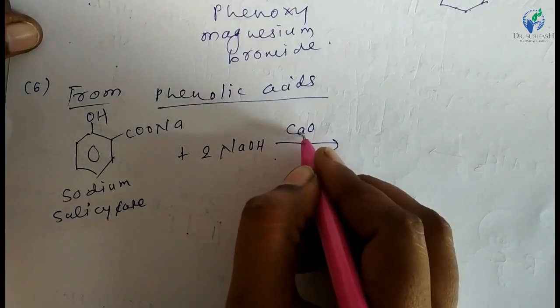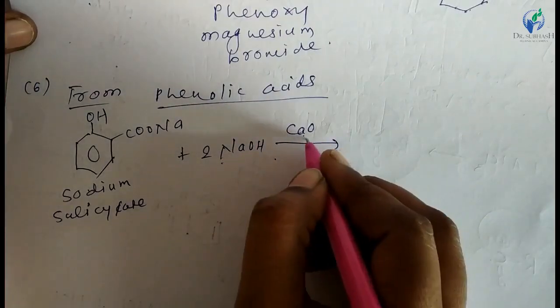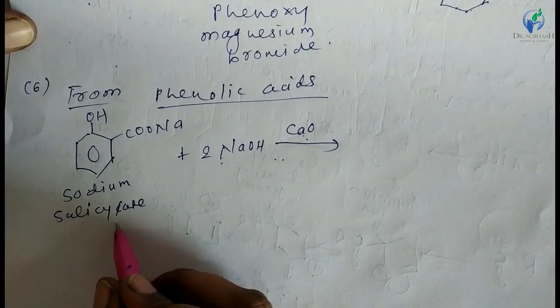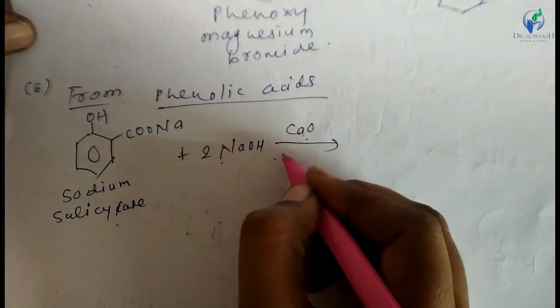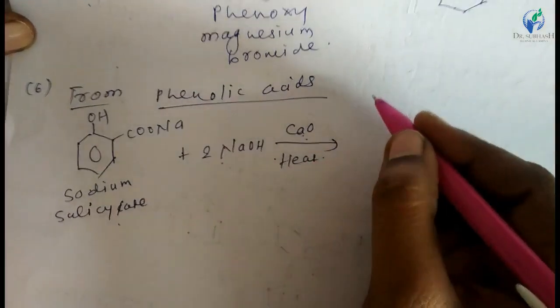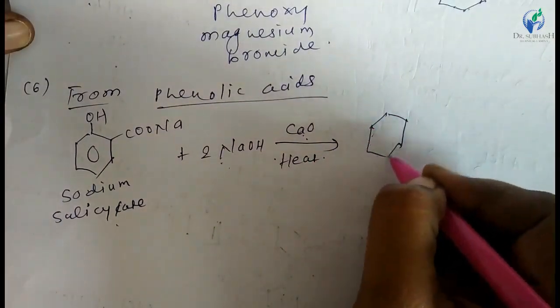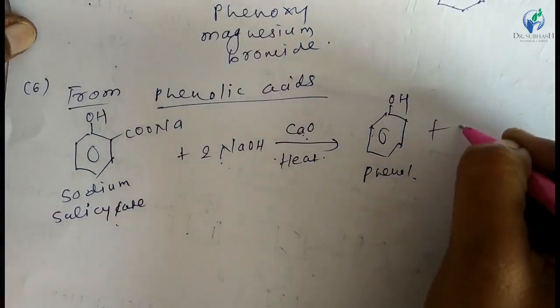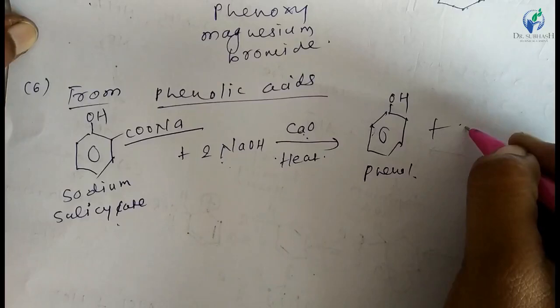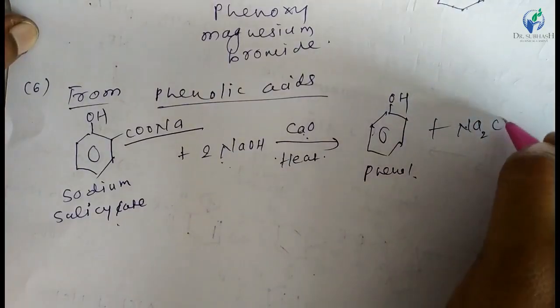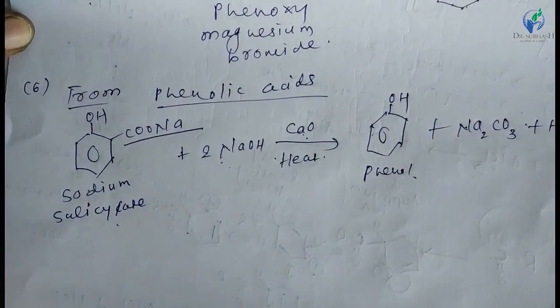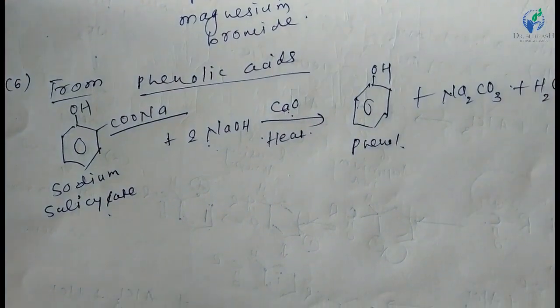NaOH plus CaO, sodium hydroxide plus calcium oxide, is known as soda lime. So when the sodium salt of salicylic acid, sodium salicylate, is heated with soda lime, it is converted into phenol, right, because of removal of this sodium carboxylate group in the form of Na2CO3, sodium carbonate and water, right.